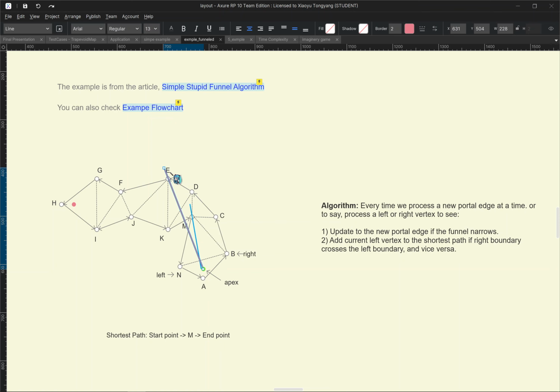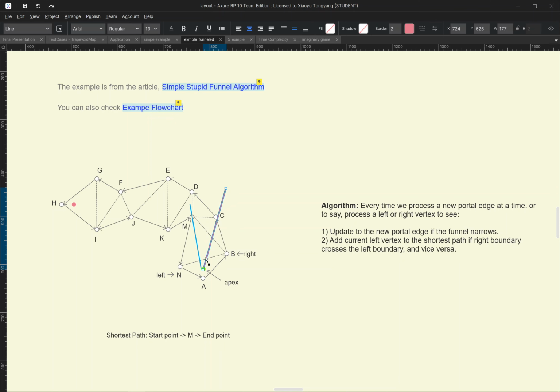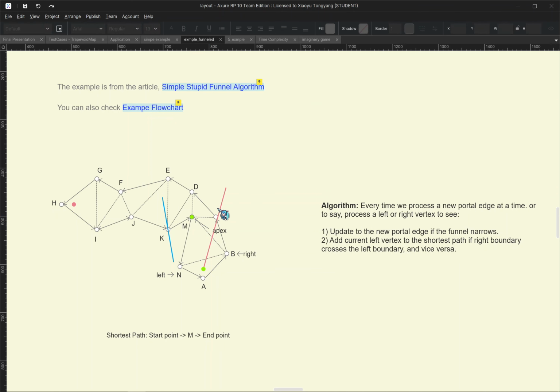First, add the left vertex M to our shortest path, which is this one, and then we move the apex point from the start point to point M. Let's make it green and reconstruct our funnel.